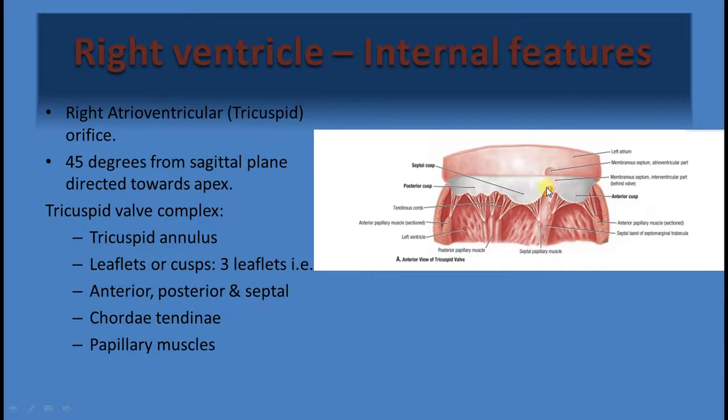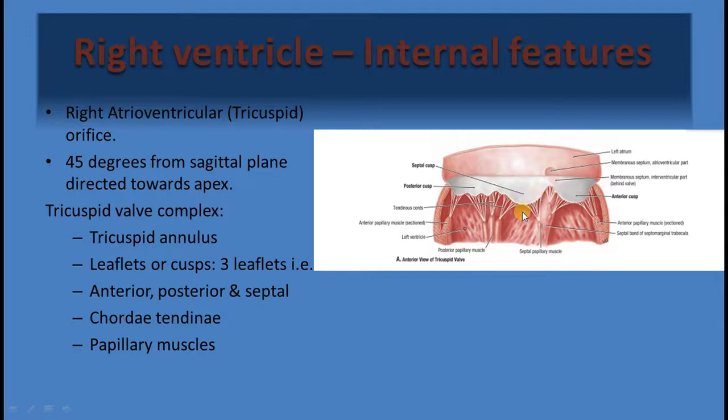If you carefully observe each leaflet, it will have 3 zones: a basal zone, a clear zone, and a rough zone.